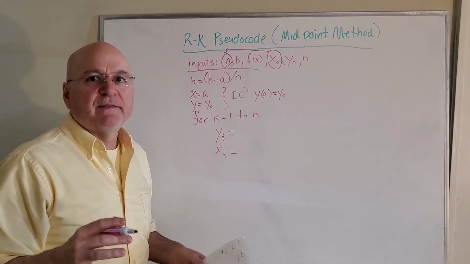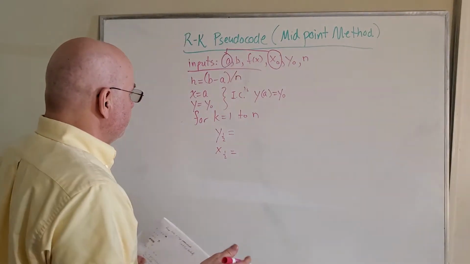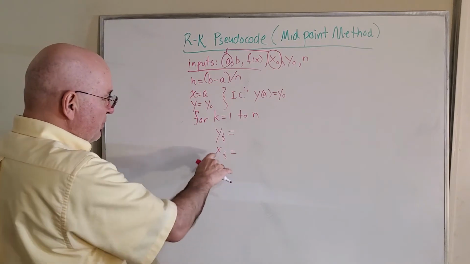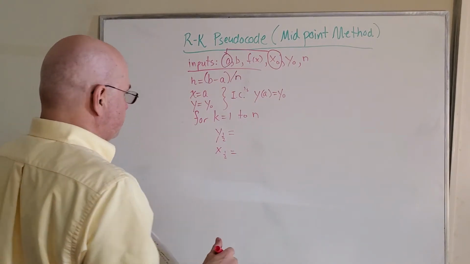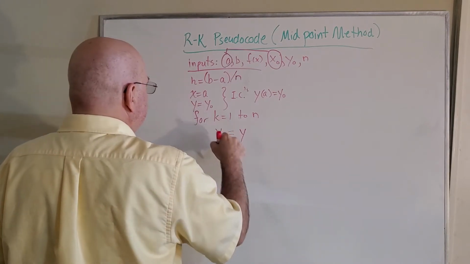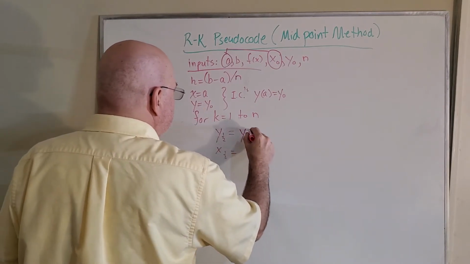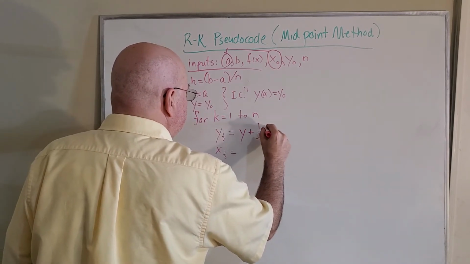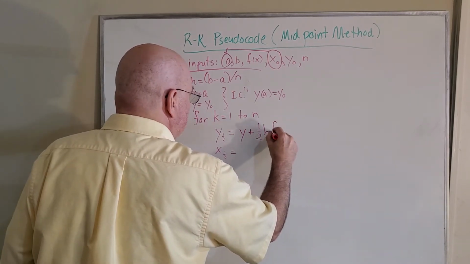Just call them whatever you want to. They represent going halfway. They're temporary variables, only used in the next line and nowhere else. So we've got y1half equal to y, which was y0, remember, plus 1/2 h f of x, y.